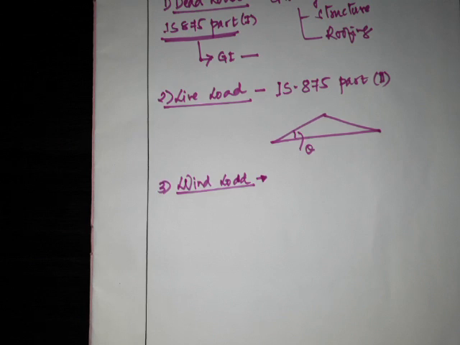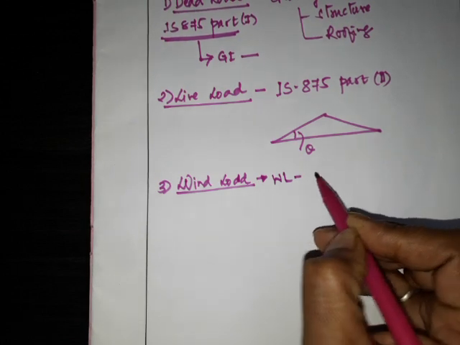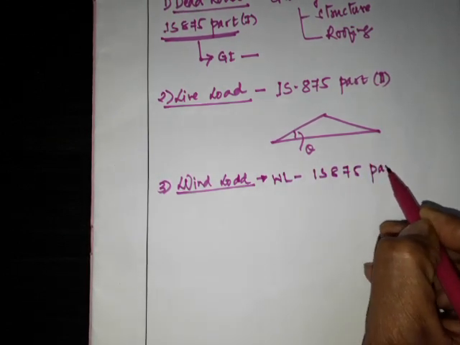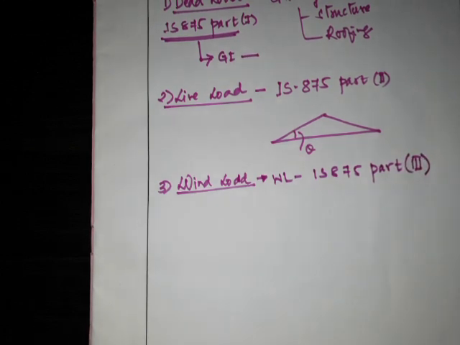So the very important load we need to consider in the design of roof truss is wind load, WL. For that you have to refer to IS 875 part 3 for the calculation of wind load.